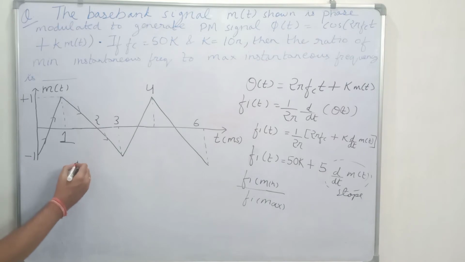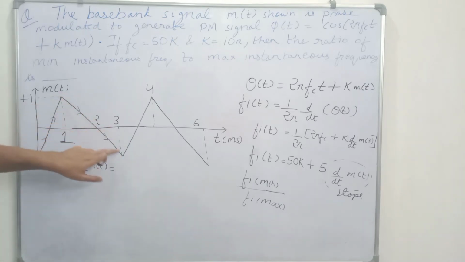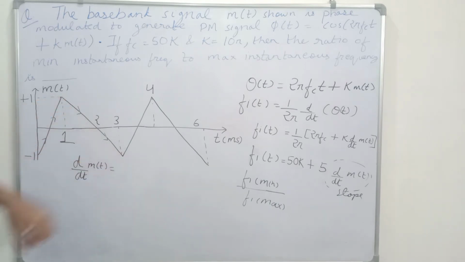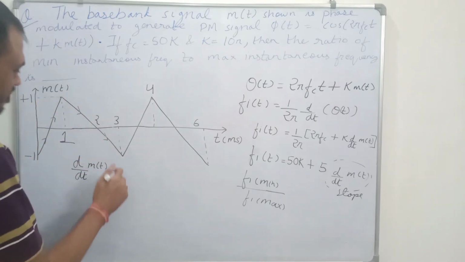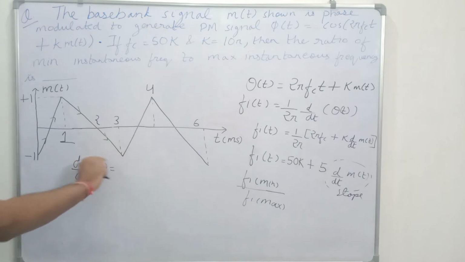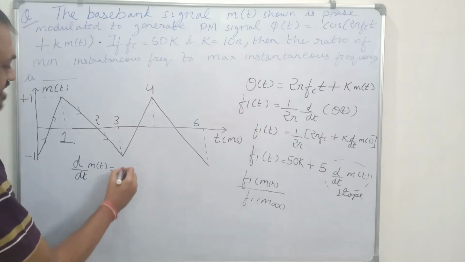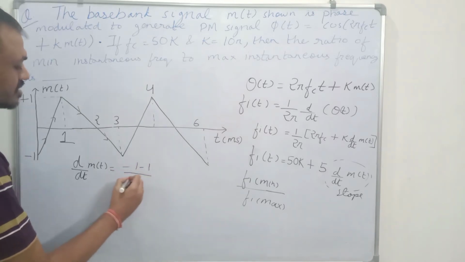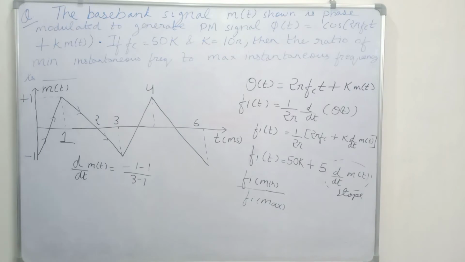So the minimum slope will be equal to d by dt of m(t). We have to find the slope. From 1 to 3, the final value is minus 1 and the initial value is 1, and the final time is 3 and the initial time is 1.